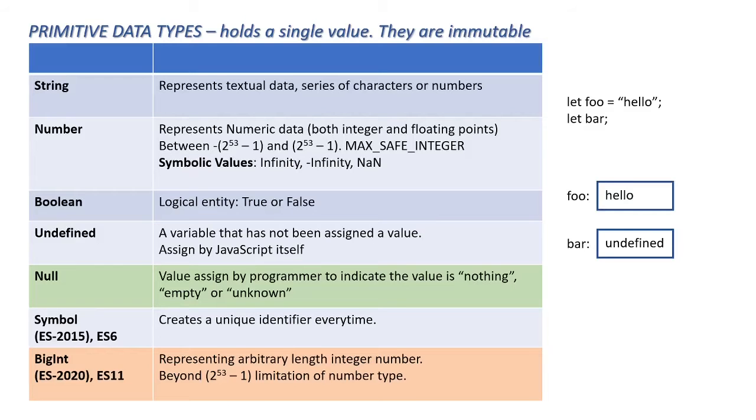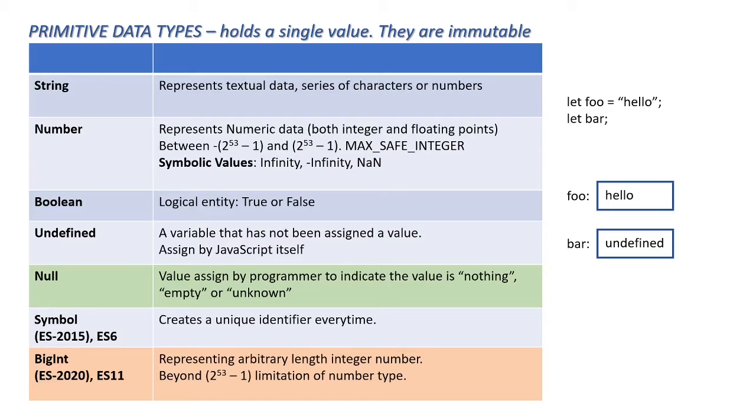Okay, so the next and the fifth one is the null data type. Null data type is nothing but when we assign a variable and we are trying to say that this value does not contain anything, but this is declared by a programmer by assigning a value equals null.